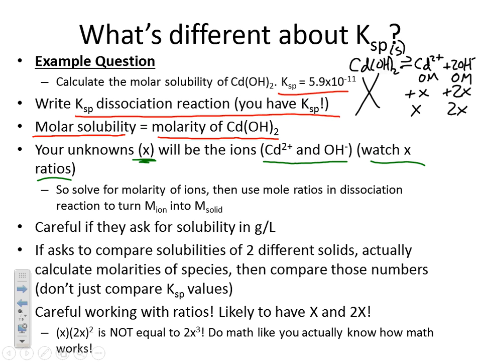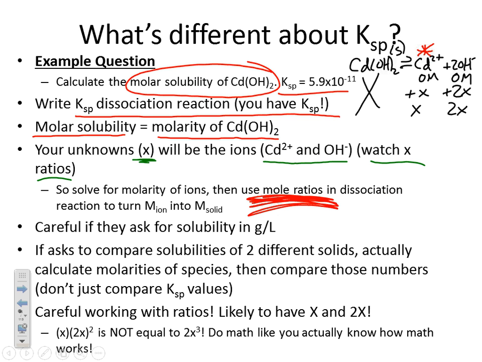Now, if we want to get the molar solubility of cadmium hydroxide from a problem like this, you solve for the value of X. X, in this case, is going to be the concentration of the cadmium. But then you use mole ratios. I didn't solve this problem, but let's say it's 1 times 10 to the minus 4th or something like that.